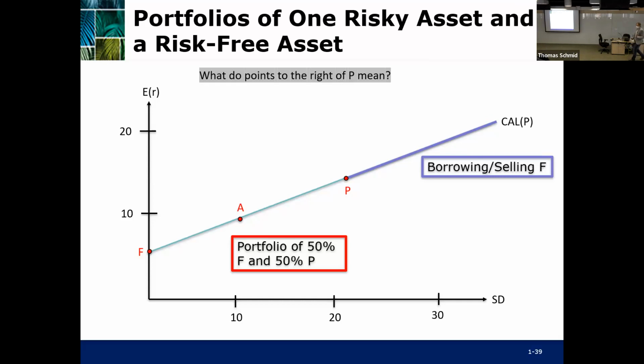This all, of course, is here highly simplified in the sense that there are no frictions. And the second assumption, if you think about that here, is that, what is the assumption about lending and borrowing rates here?